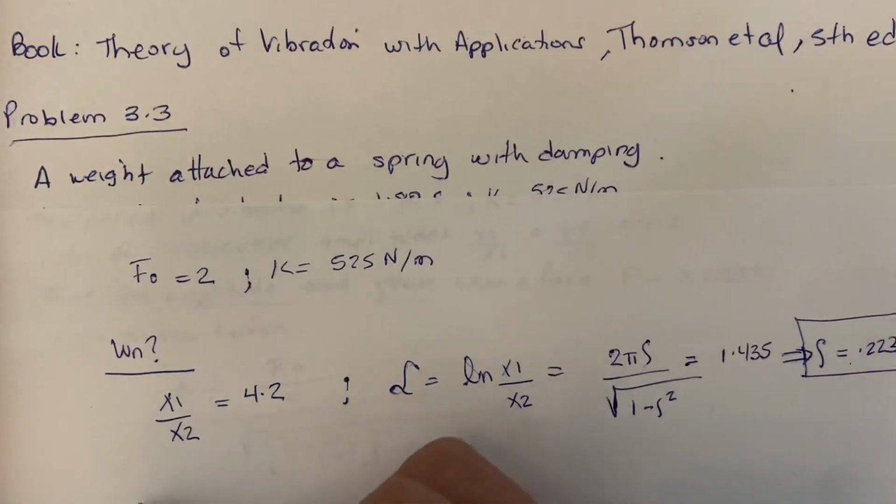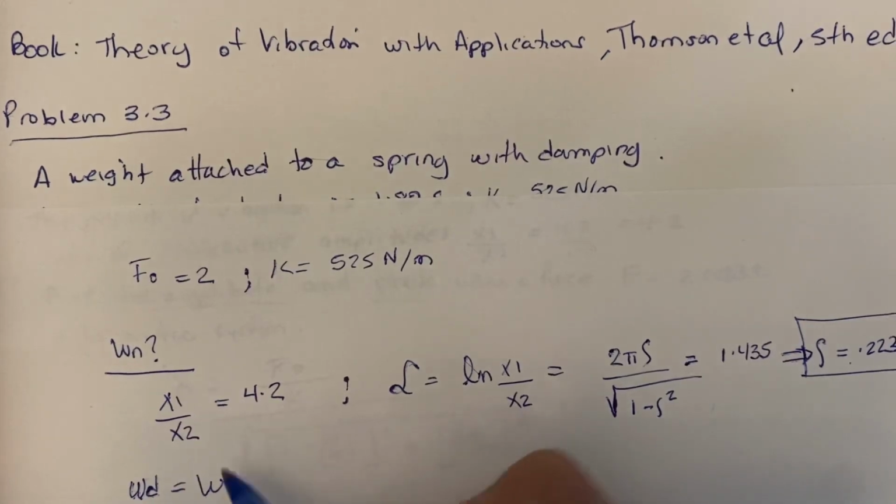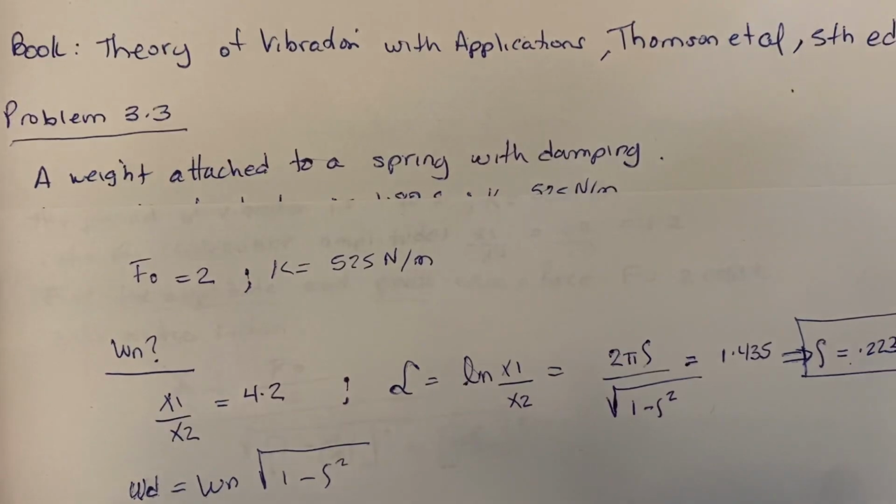We do that by the following equation. The damped frequency is equal to the natural frequency times the square root of 1 minus the damping ratio squared. Or the natural frequency is equal to the damped frequency over the square root of 1 minus the damping ratio squared.